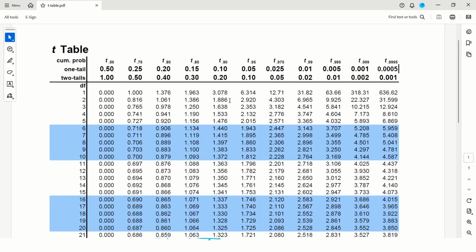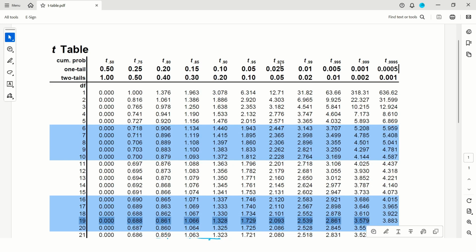You can find the t-tables online, but I'm going to jump to that over here. So I have the t-tables, and I'm looking for 0.025 on one tail. Here are my one tail values, and this is 0.025, which matches 0.05 for two tails. The left-hand axis shows the degrees of freedom. I have my degrees of freedom as 19, so I can highlight this.